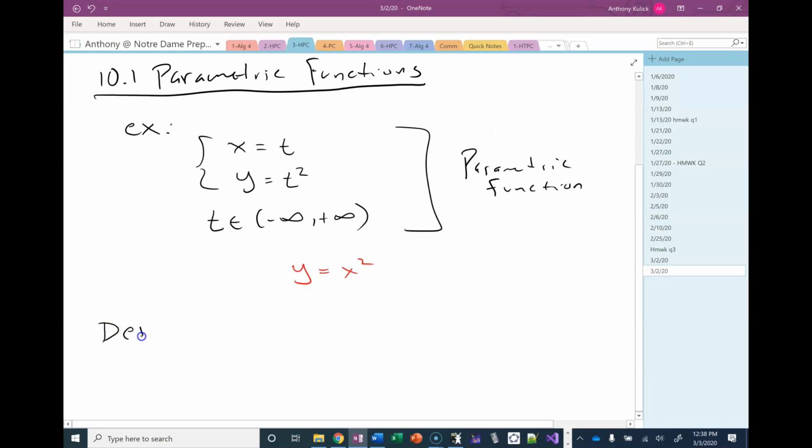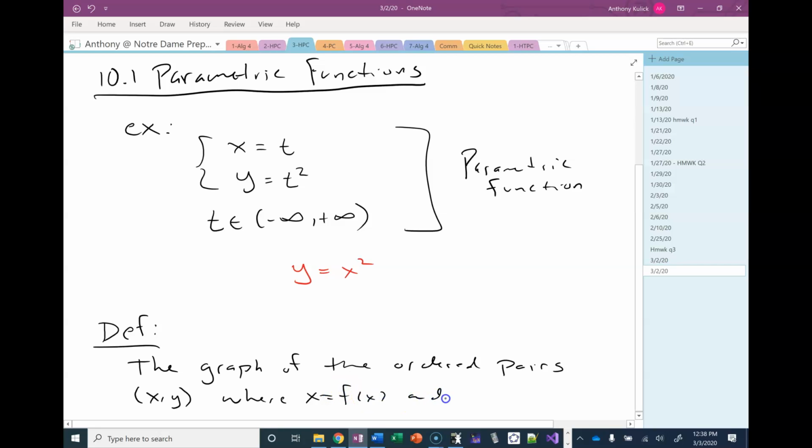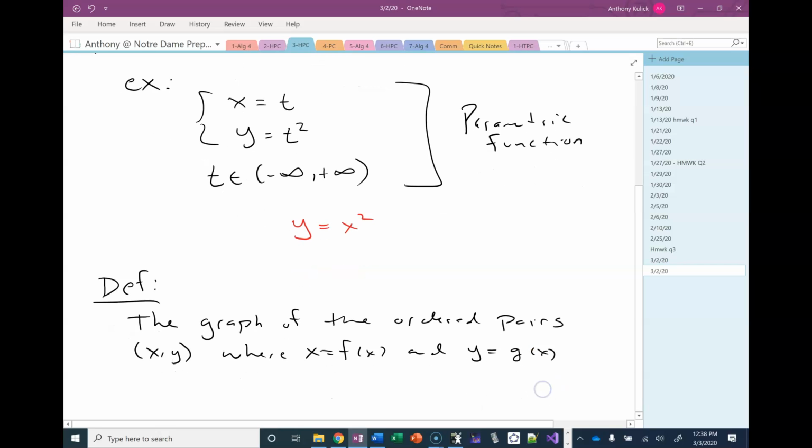Okay, so let's do a little bit of vocab dump here. We say that the graph of the ordered pairs x and y, where x equals f of t and y is equal to g of t, are functions defined on an interval that we'll call I, is called a parametric curve.